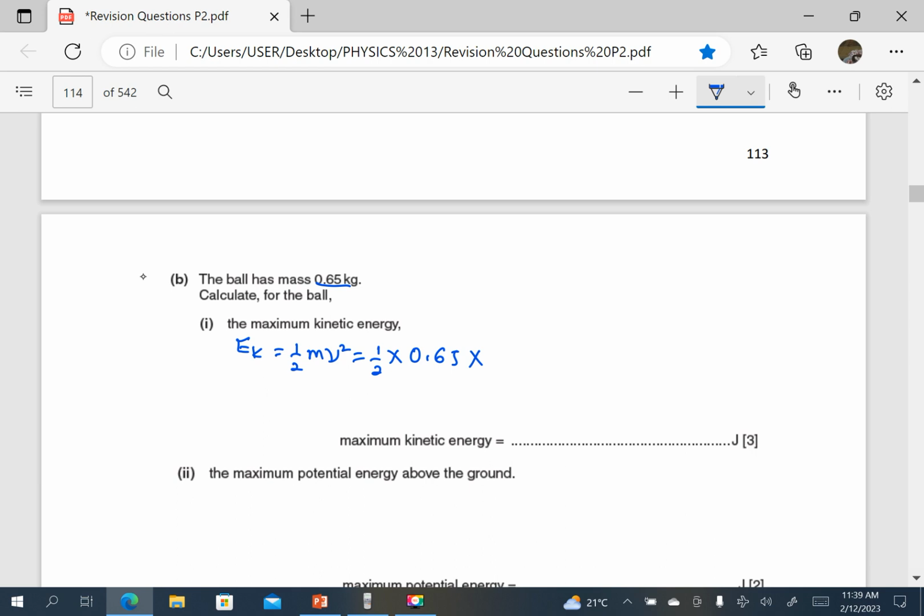Okay, sorry for that. The ball has mass of 0.65. Calculate for the ball its maximum kinetic energy. So for maximum kinetic energy, the ball should be having the maximum speed. What is going to be the maximum speed here?